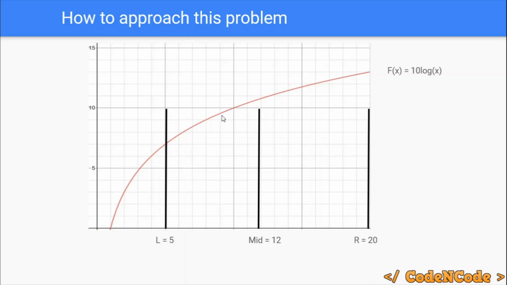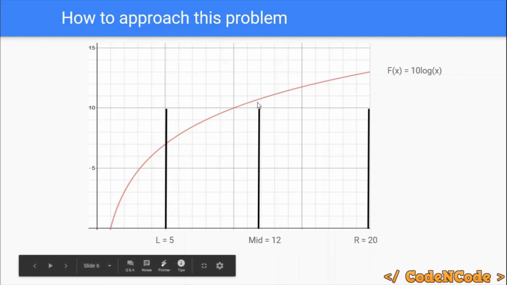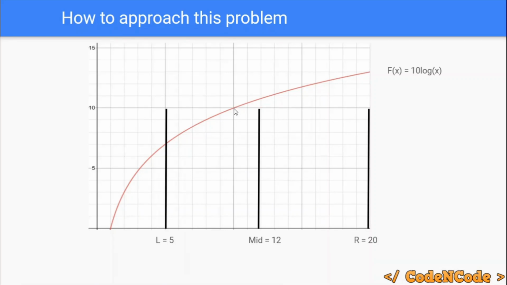If f of mid minus 1 is strictly smaller than k, that means all of the numbers below that are also smaller than k, which means mid is the first number which makes f of mid greater than or equals to k. So for mid to be the solution, there are two conditions.